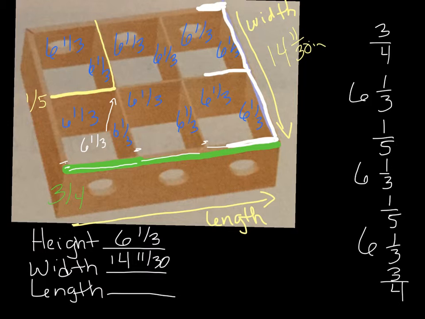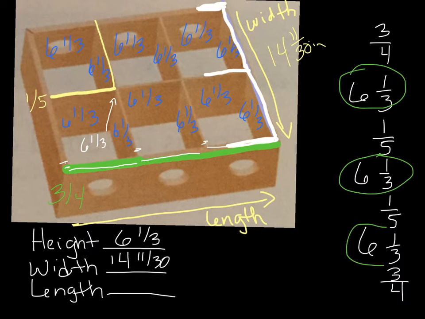All right, we're going to have to add all of these fractions together. It's a lot of fractions. Again, we can start grouping them into groups of fractions that have the same denominator and make our job a little simpler. We have 2 3/4 that we have to add, and we have 2 1/5 that we have to add.